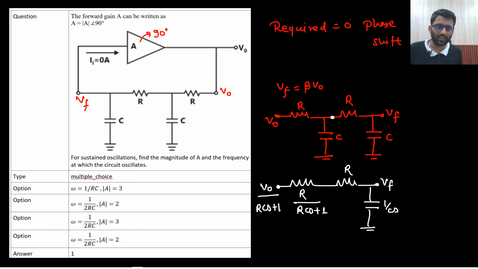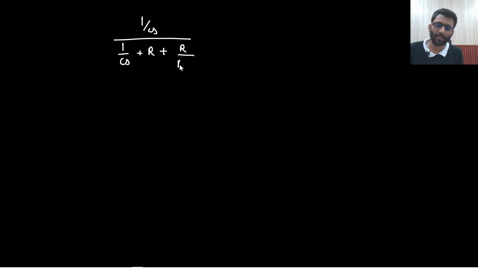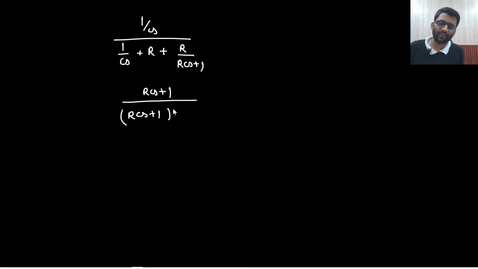Then 1 upon Cs plus R plus R upon RCs plus 1, so RCs plus 1, and here you will get RCs plus 1 whole square plus RCs.